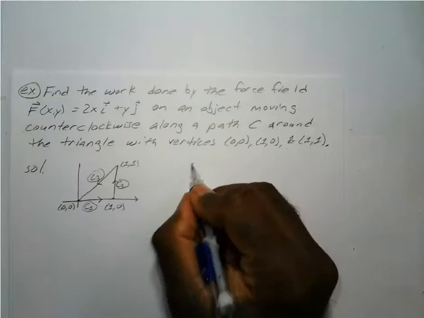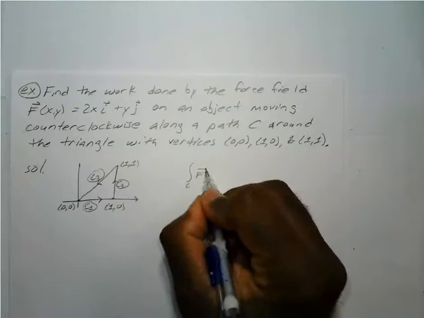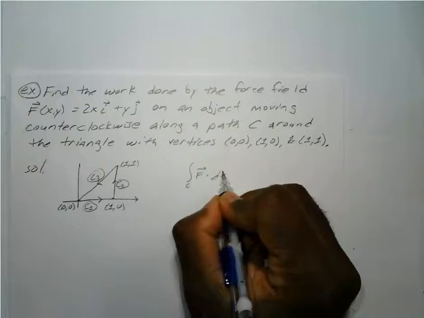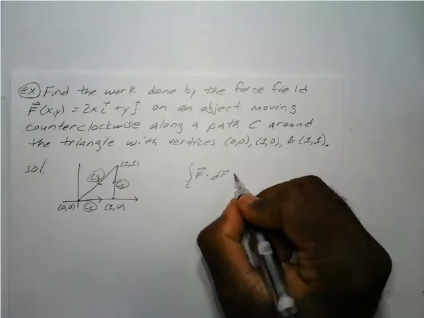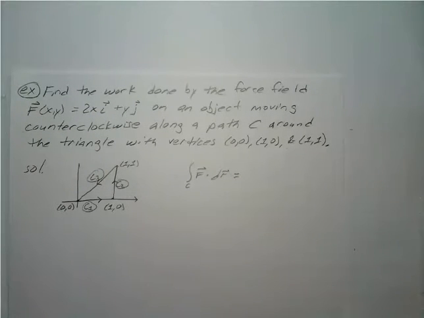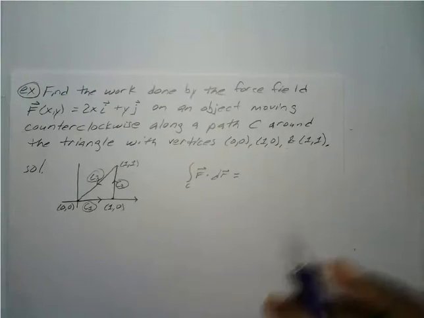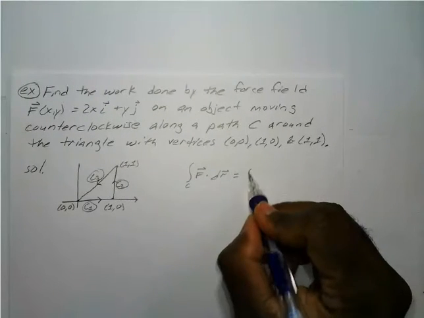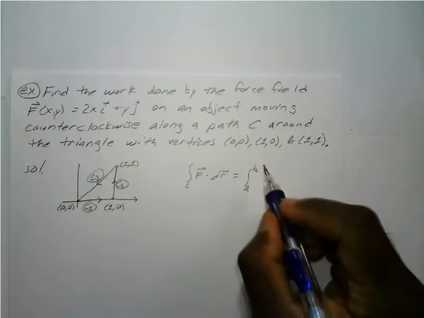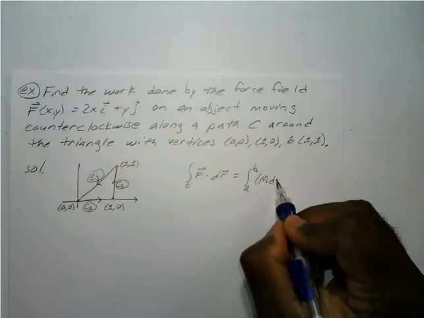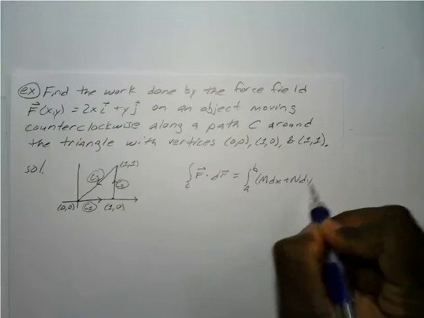So we know that to find our work, we can use that formula. But using the differential form, we know that's the integral from a to b of M dx plus N dy.